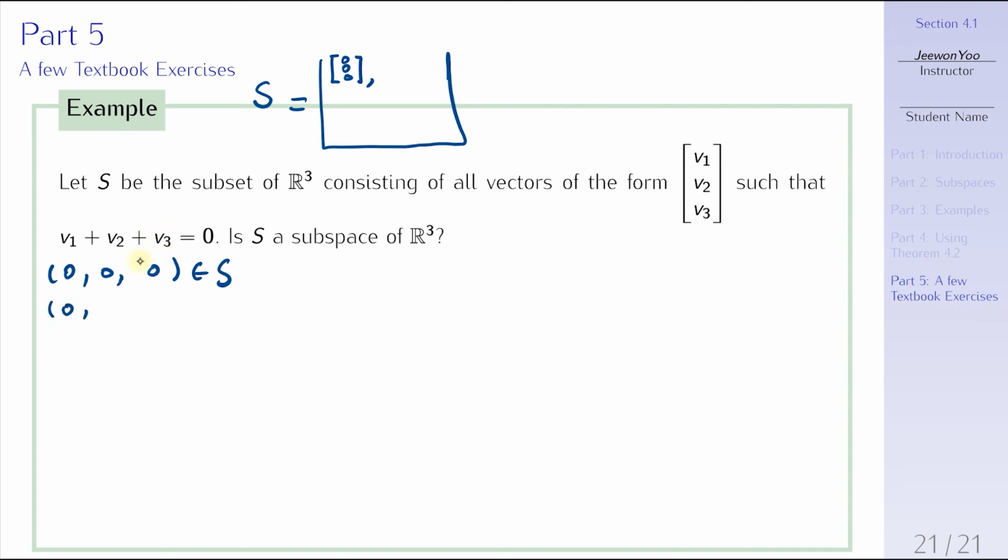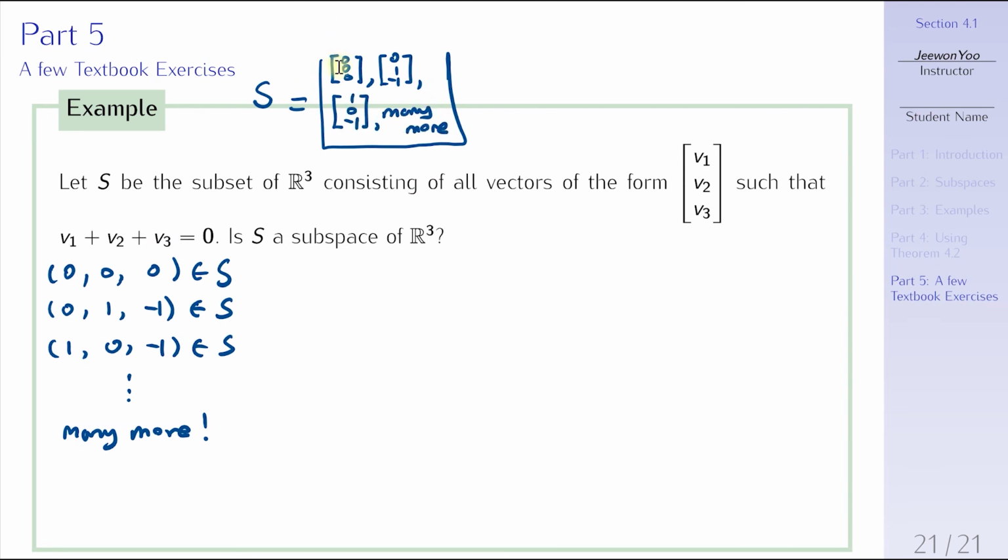Then surely 0 plus 1 take away 1 is again 0. So the vector (0, 1, -1) also lives in the box. And similarly (1, 0, -1), (1, 1, -2), and so on. There are many more vectors that satisfy the equation and belong to this box.